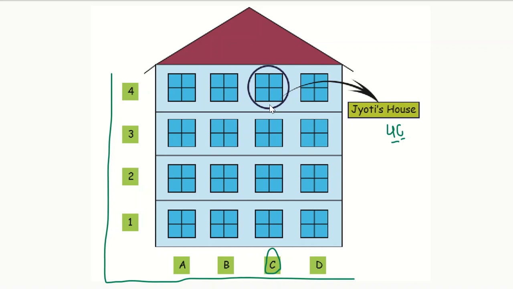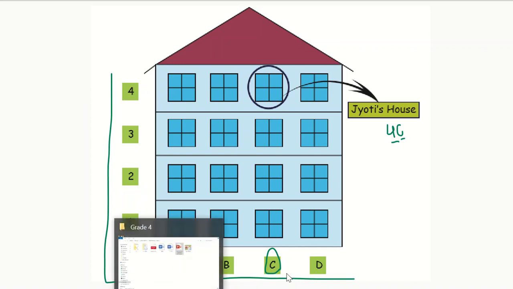So here what we did, we simply divided the whole building into two lines. One is the vertical line and the second is the horizontal line. Vertical means standing line. Horizontal means sleeping line.